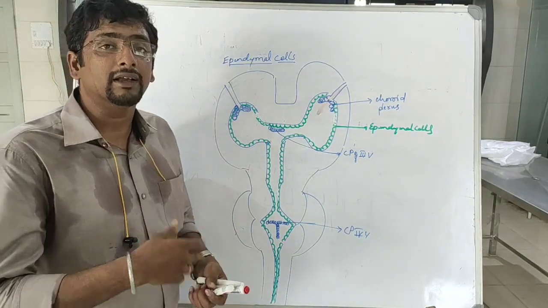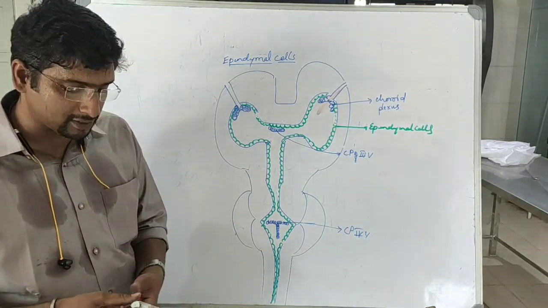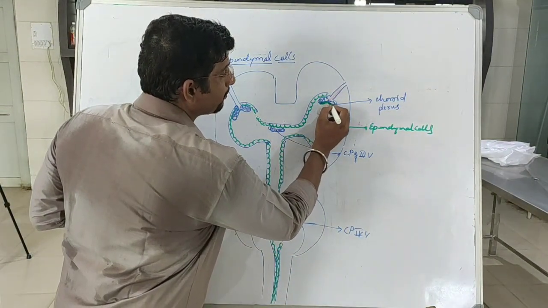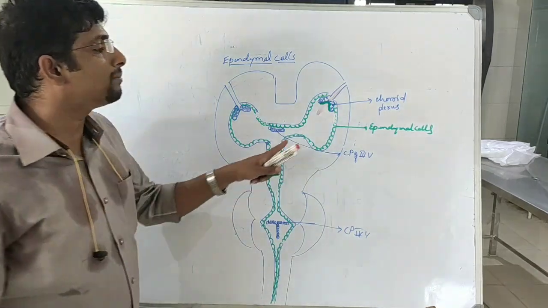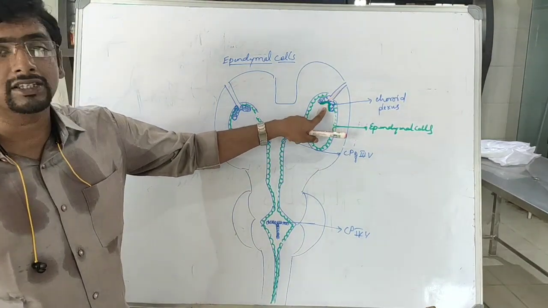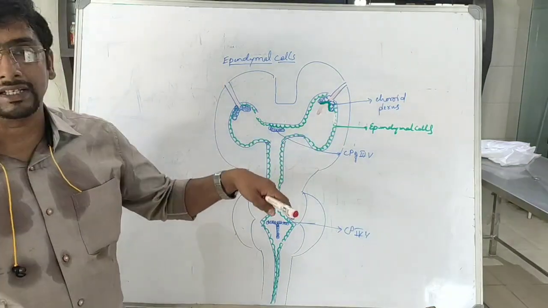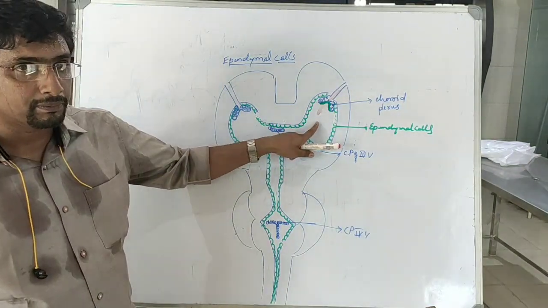Around the surface of this choroid plexus, there are some ependymal cells present, and these ependymal cells will secrete the CSF inside the cavities, the lateral ventricles.